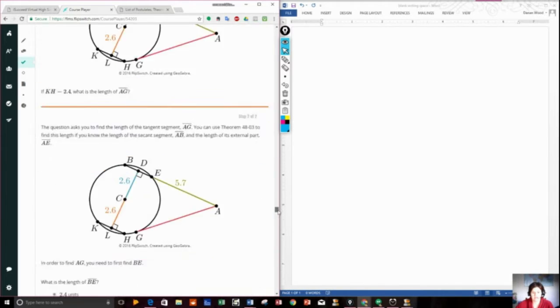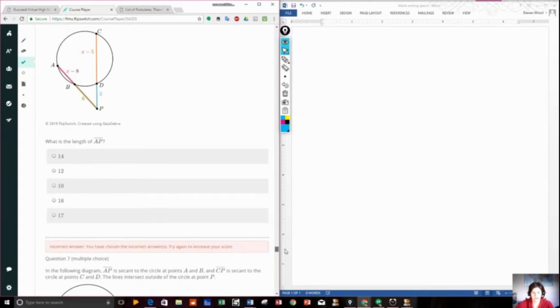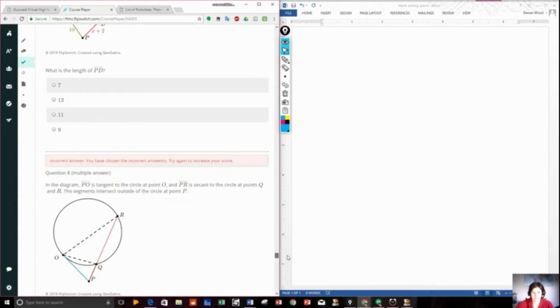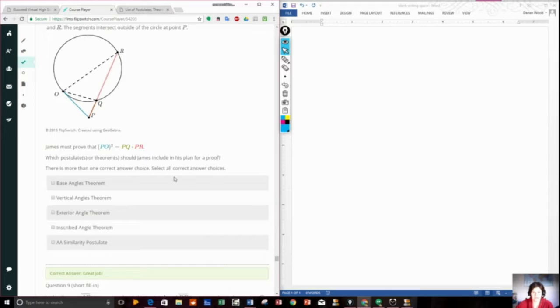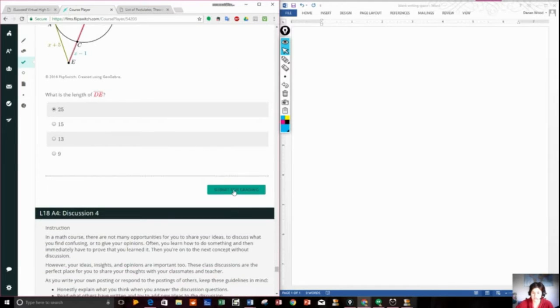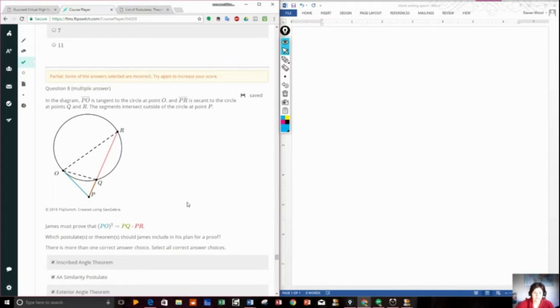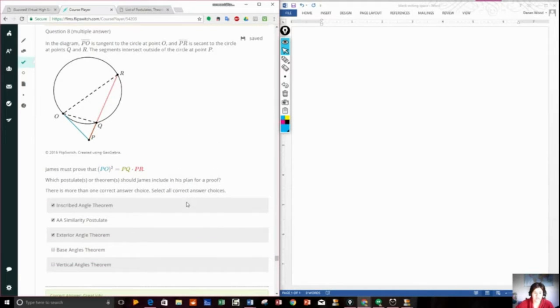So now let's scan back and see if we can remember those. Alright, so there wasn't a base angle. They had an exterior angle, inscribed angle, and an angle-angle similarity postulate. So let's submit that for grading. Some of the answers selected are incorrect.